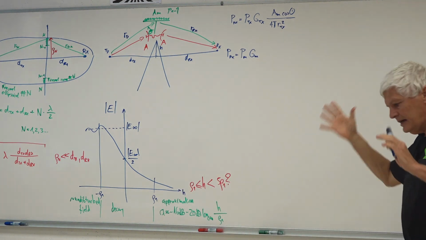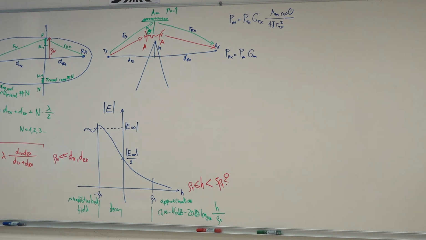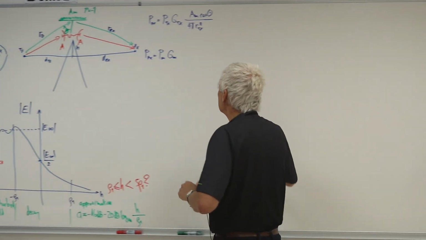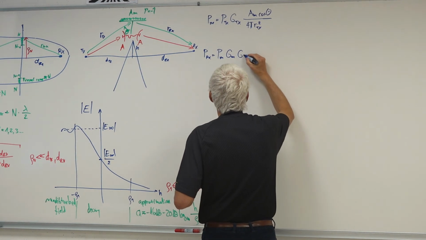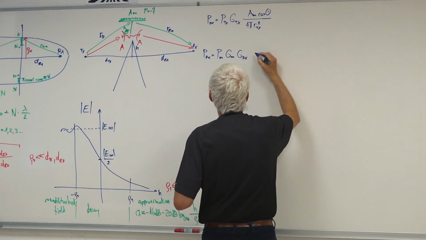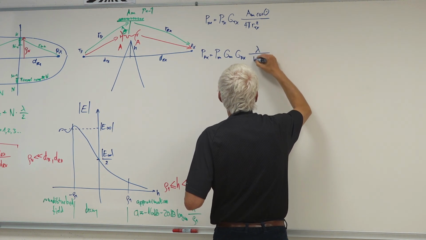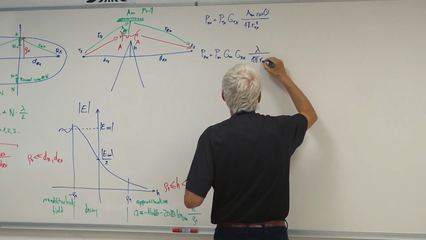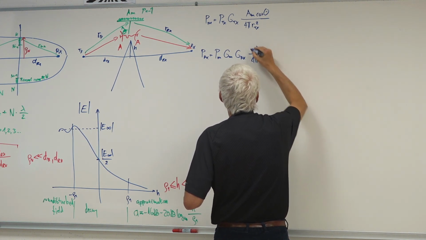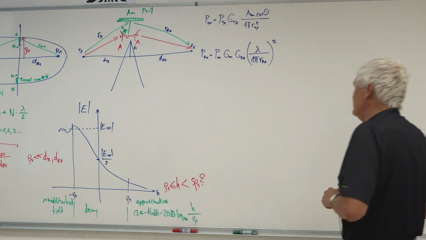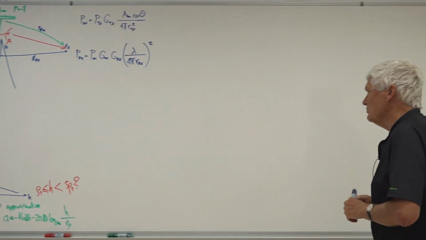The mirror is actually an illuminated aperture, and it has some directivity, times the gain of the receiving antenna, times lambda over 4 pi r receiver, and all this squared.